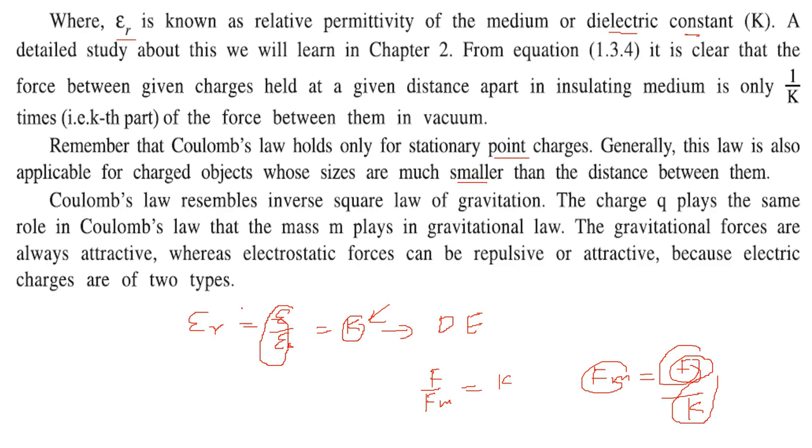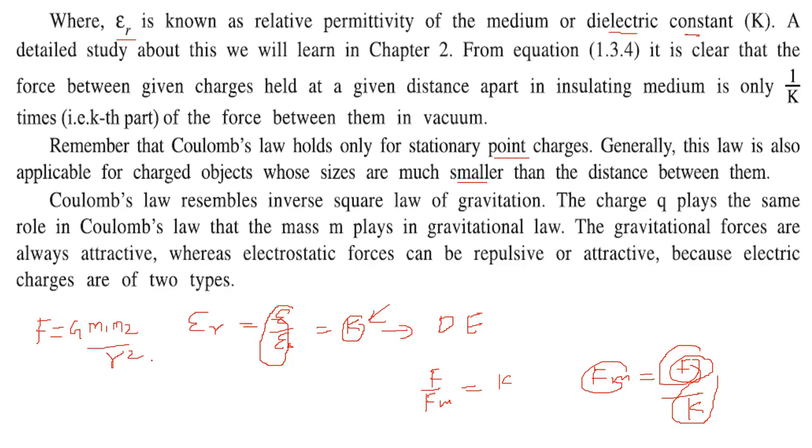Coulomb's law resembles the inverse square law of gravitation. The charge q plays the same role as the mass plays in gravitational force. Let me write it again. Gravitational force is F equal to G m1 m2 by r square.